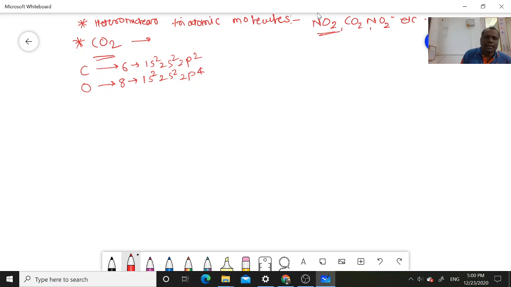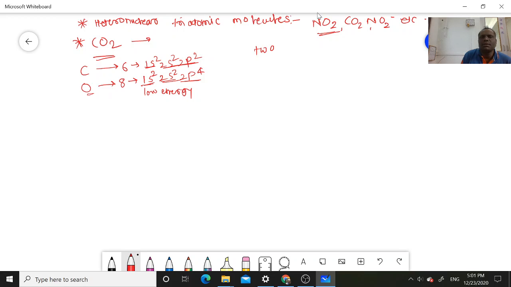Now, the 1s orbital of the carbon atom is very low in energy, therefore it will not take part in the bonding. The 1s orbital of the oxygen atom is also very low in energy, therefore it will not take part in the bonding.